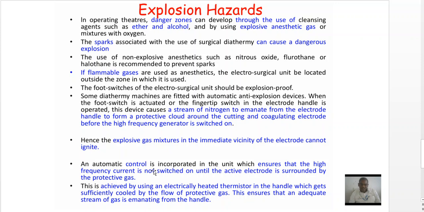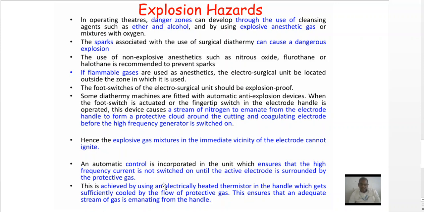An automatic control is incorporated in the unit, which ensures that the high frequency current is not switched on until the active electrode is surrounded by the protective gas. After the gas is surrounding, then only we have to use the high frequency current.